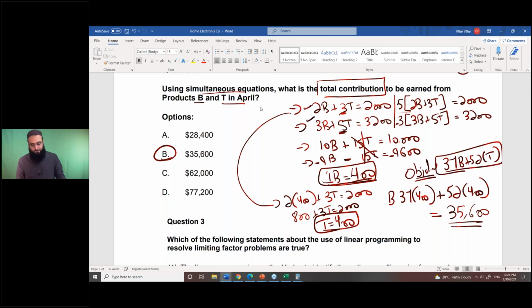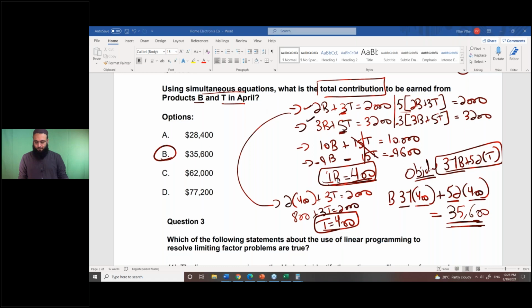Farwad, here is the calculation. See, 37 contribution into 400 units of B, 52 contribution into 400 units of T, and that's 35,600. Okay, Noman? So it's the objective function that we make in linear programming. Okay, great. Done, guys? Good to move?